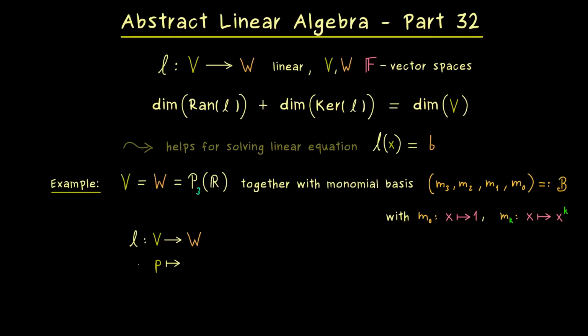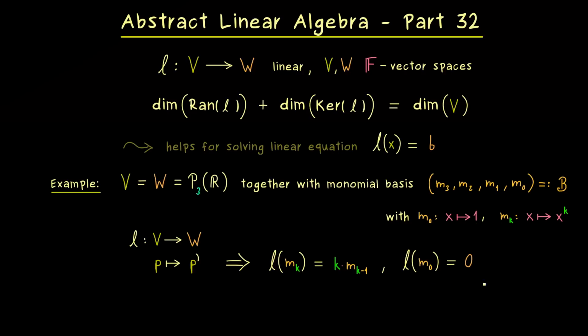And now our example for the linear map L should be given by the derivative operator. So p is sent to p prime. And of course we know what this means for the monomials, because they get just reduced with the index and the factor k comes in front. The only exception for this nice formula we have for the M0 monomial, which is sent to 0 because it's just a constant.